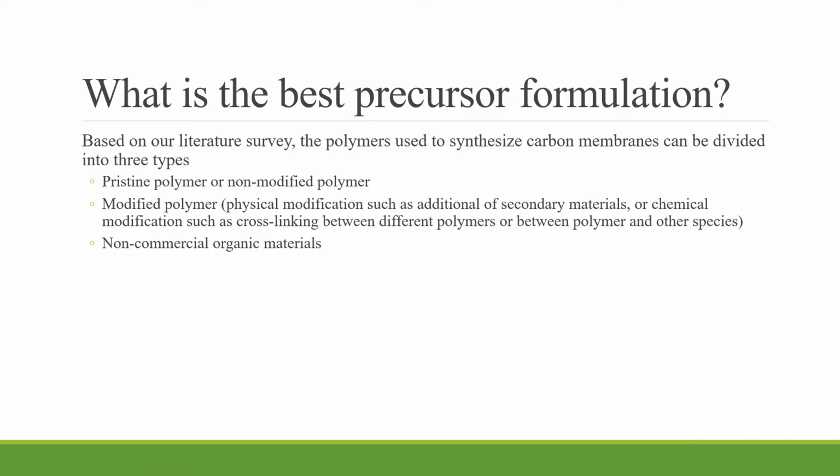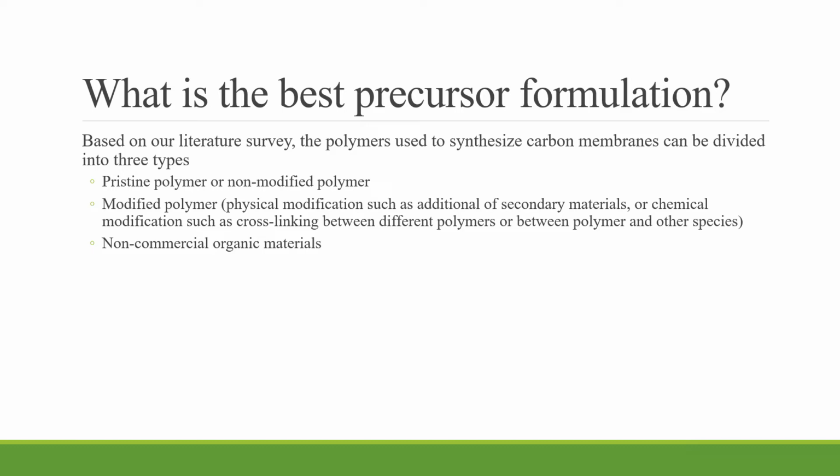In the field of carbon membrane, there are many formulations used. There are so many polymers being used to synthesize carbon membranes to test their performance. Based on our literature survey, we can divide the carbon membranes into three types. The first one, some researchers use pristine or non-modified polymer.